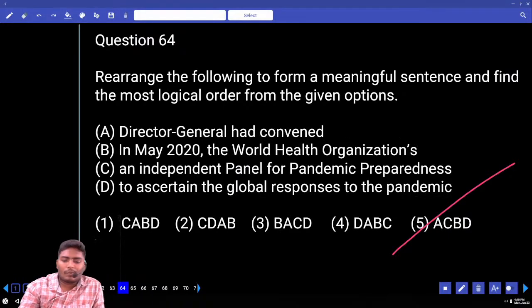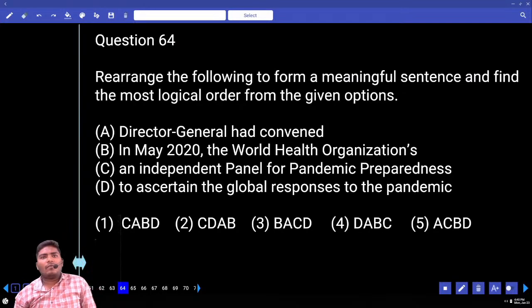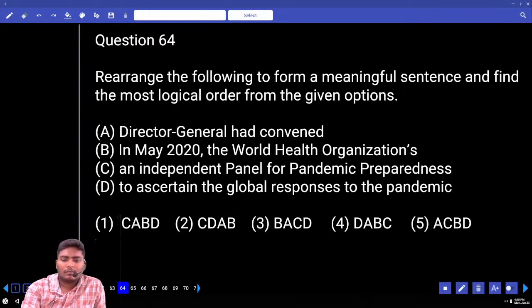Move to 64. Again, tell me any one sentence that cannot be used at the ending. Once look at B. The sentence is ending with an apostrophe. Apostrophe of S always followed by noun form.